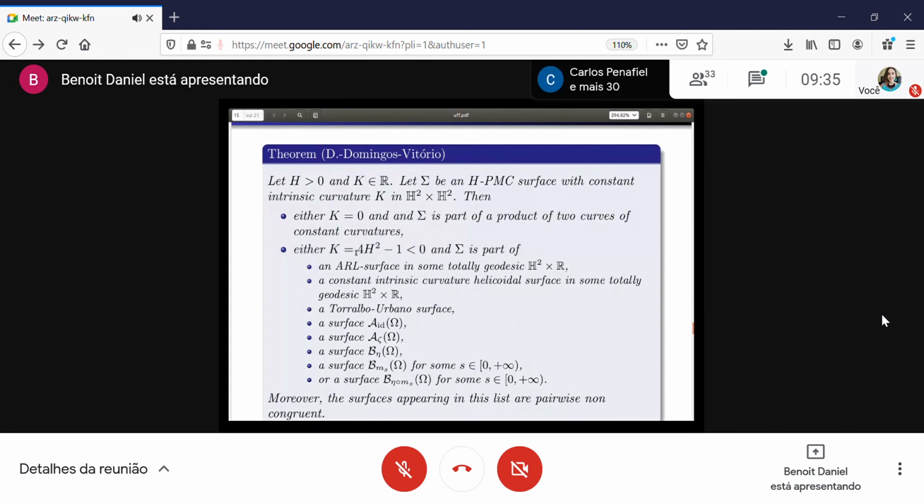So the second case is when the relation k equals 4h² minus 1 and this inequality is satisfied, and we have all these classifications. Here I'm writing sigma is part of, but if you assume sigma complete, you can remove the is part of. Because you can even have the local result. But if you assume sigma is complete, you have the classification.